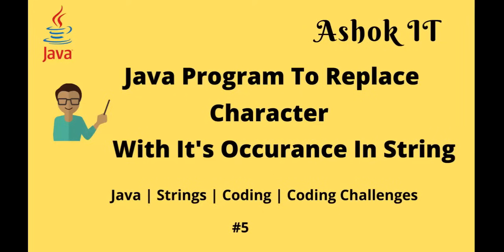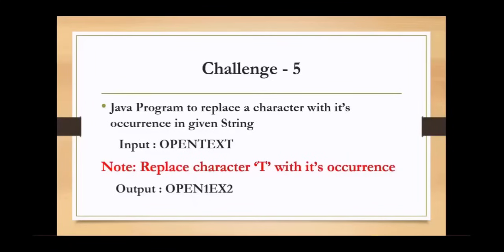How to replace a character with its occurrence in a given string by using a Java program. They have given me a string, their company name, that is open text. They asked me to replace character T with its occurrence in that given string. So input is open text.